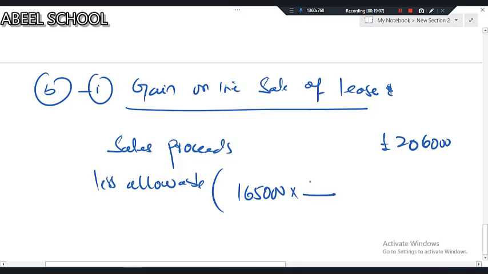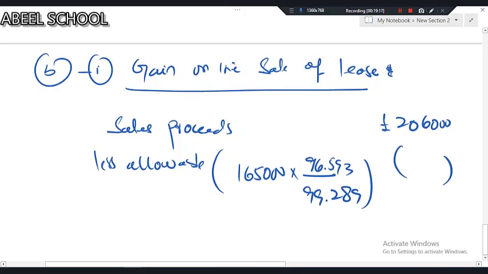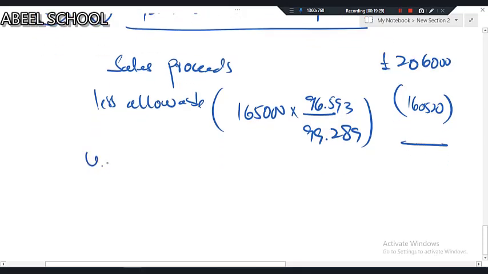Remaining 42 years percentage is 96.593 divided by 99.289. Dear student, you have to use a calculator. 1,65,000 multiplied by 96.593 divided by 99.289 gives us 1,60,520. You will get unindexed gain. So 2,06,000 minus 160,520 gives us 45,480.